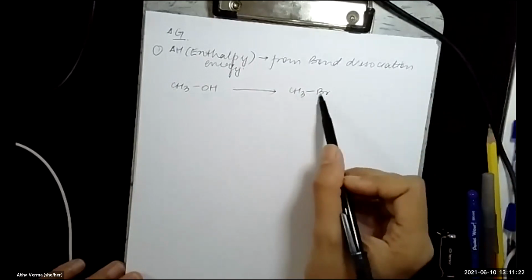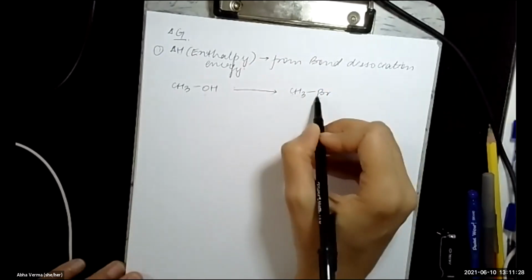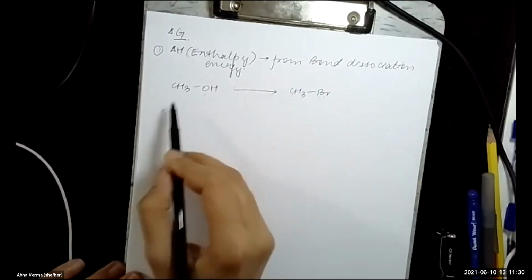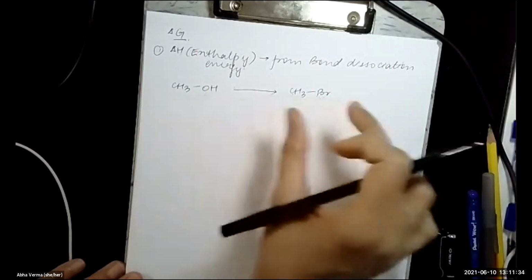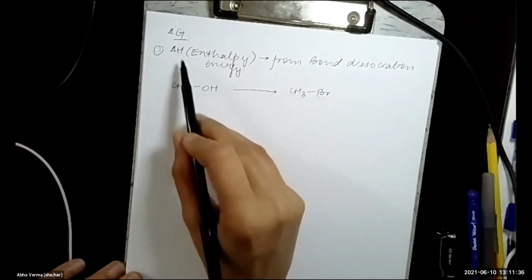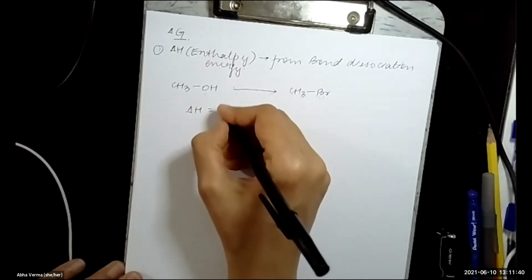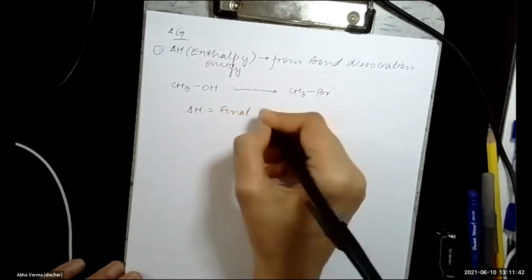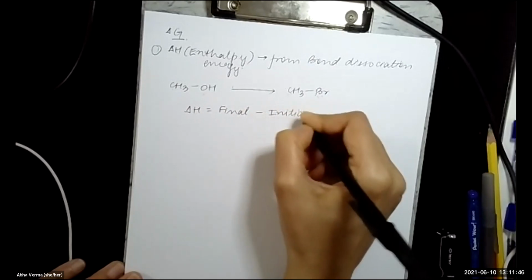So you will see in that table, in a dissociation table, what is the energy required to make this bond and break this bond. This is your initial, this is your final. So delta H is always calculated from final energy minus the initial energy.